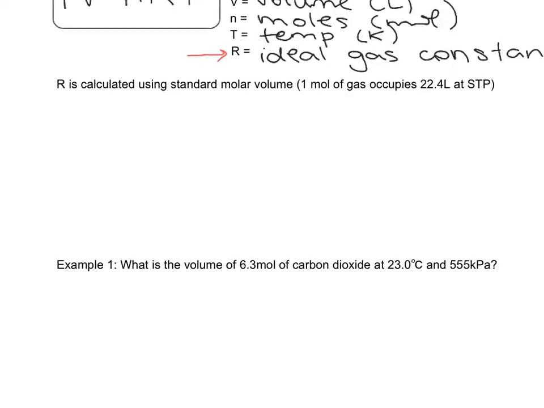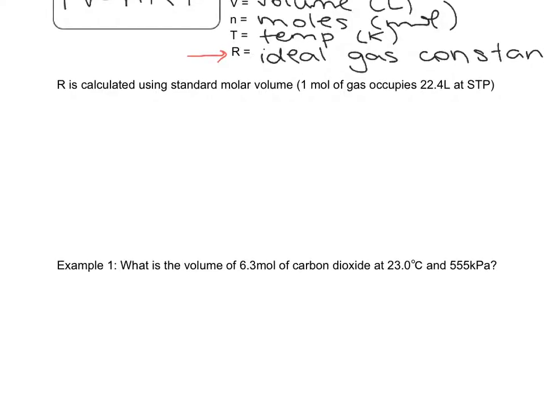So R is calculated using standard molar volume, which means that 1 mole of gas would occupy 22.4 liters at STP, those standard conditions. Remember our STP values: my temperature would be 273 Kelvin, and my pressure would be 101.3 kilopascals.